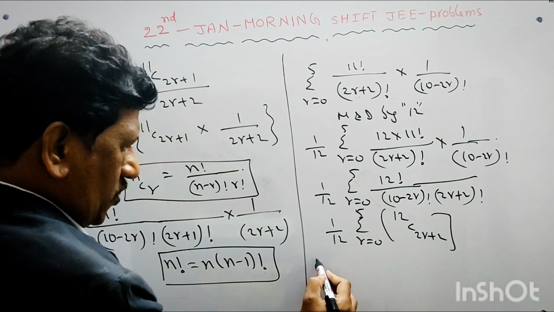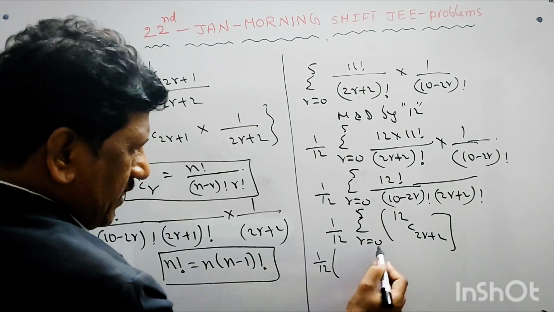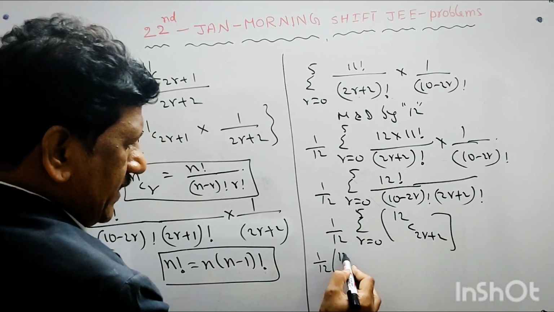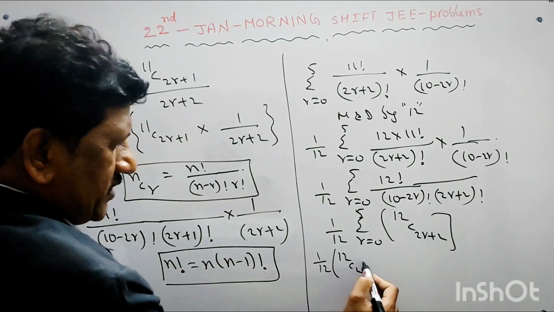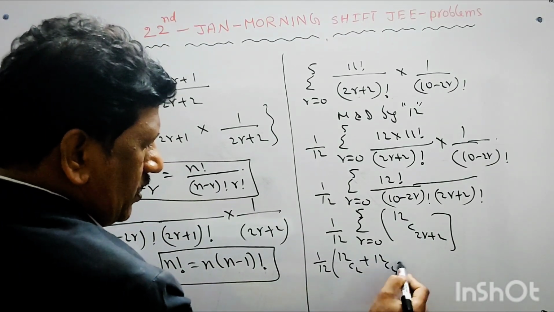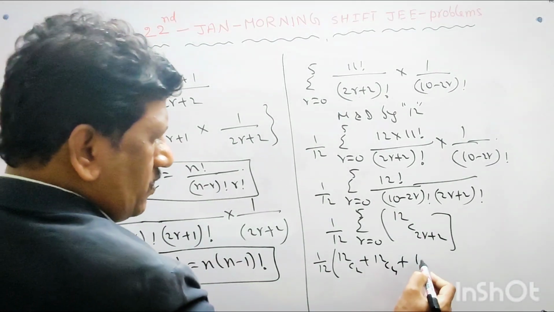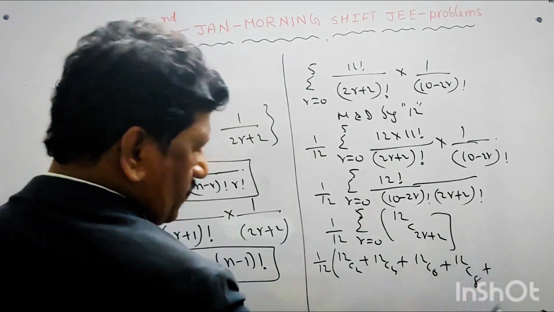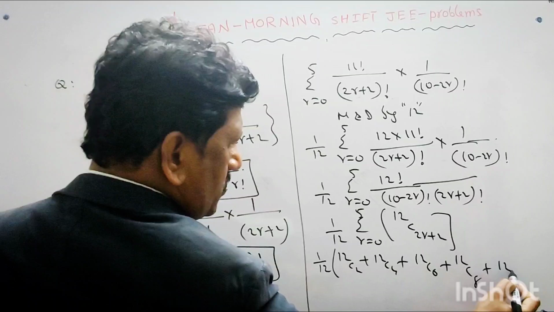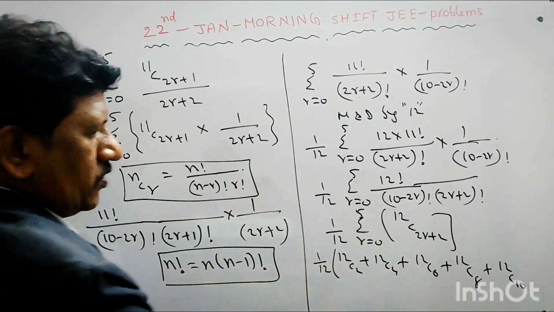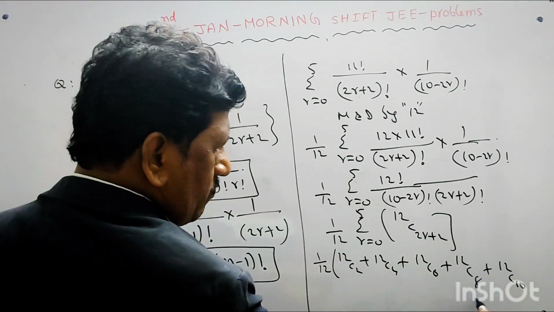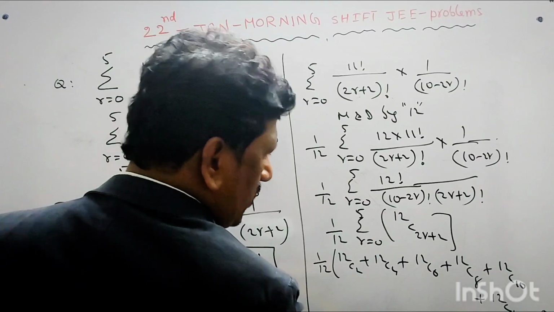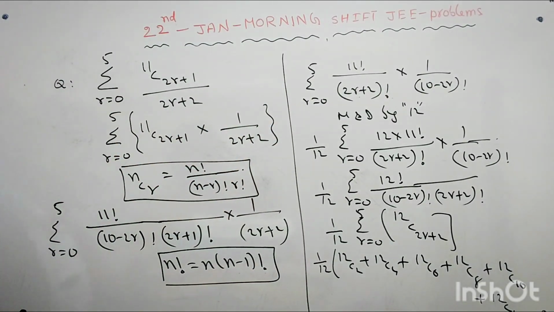That means 1 by 12 into, taking r as 0, 12C2. Next, 1: 12C4. Next, 2: 12C6. 3: 12C8. Next, 4: 12C10. 5: 12C12 will come.